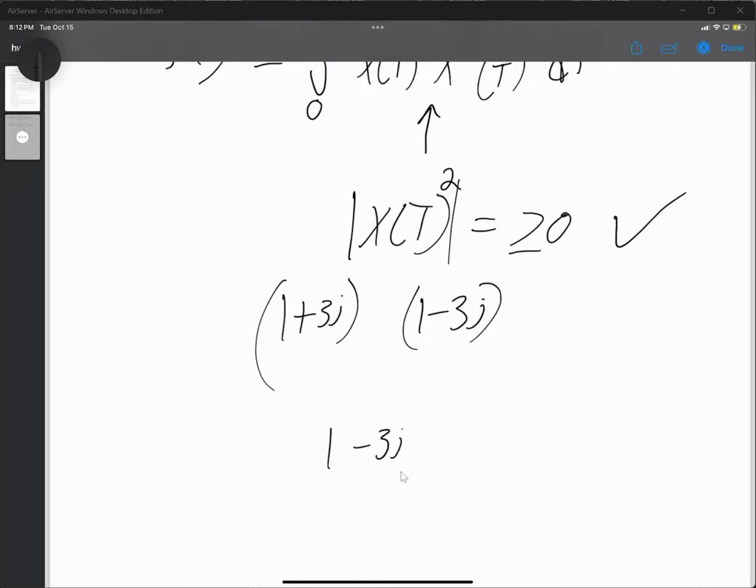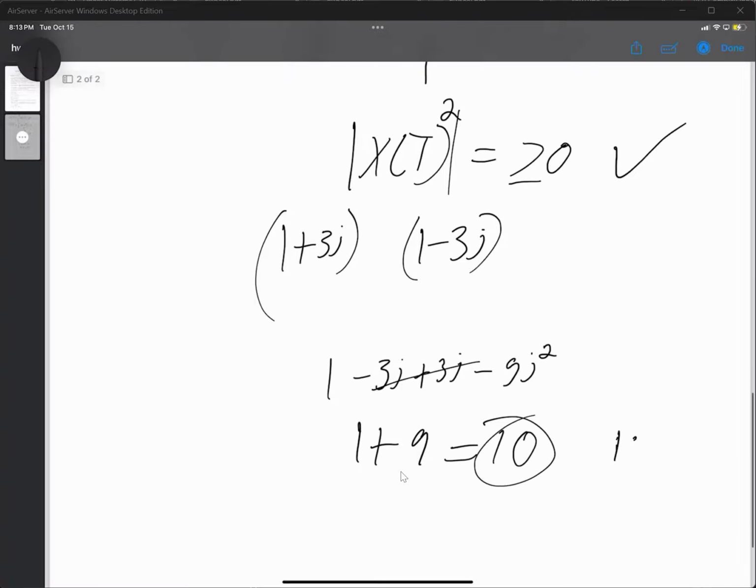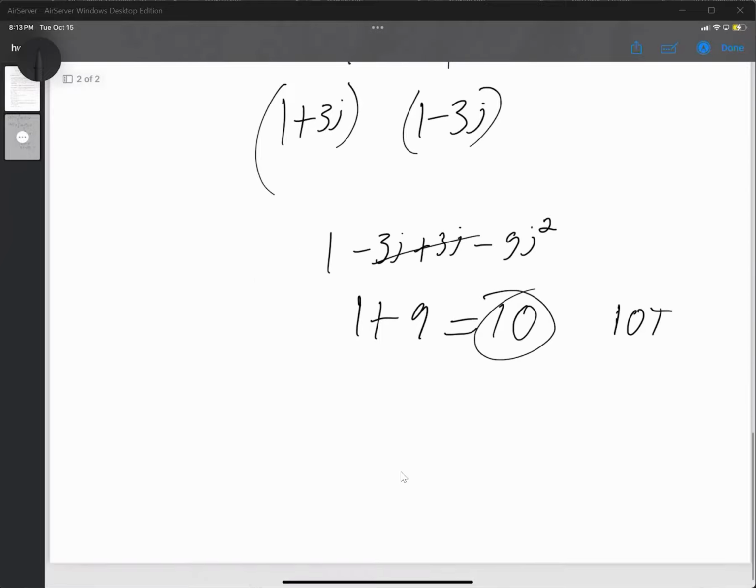Hold on. I don't know why I'm confused. Yeah. And then you'll get plus 3j, and then minus 9j squared. These will cancel. 1 plus 9, because j squared is equal to -1, I'll get 10. Positive number. Integrate 10t from 10 minus 0.